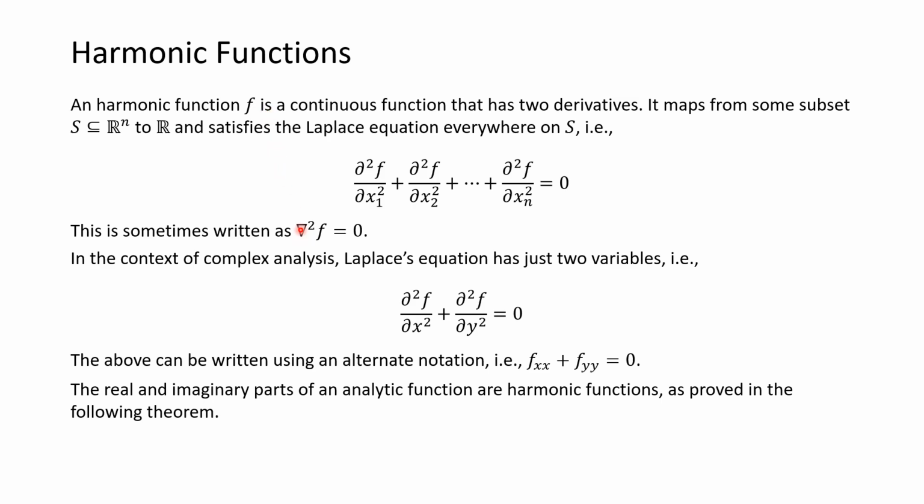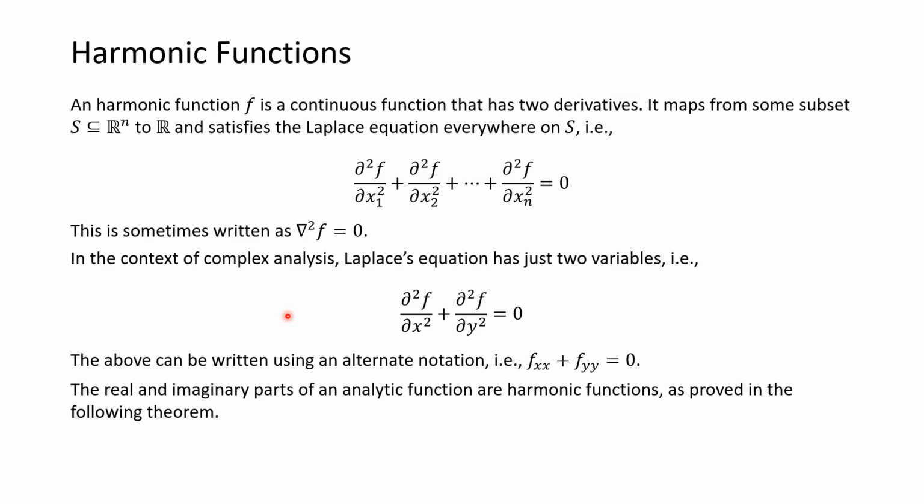And we have this shorthand notation here, which occasionally we'll use. In our case, we're only interested in the two-dimensional case because we're talking about complex functions. And so in that case, we just have two variables here, x and y, and we have this equation here.